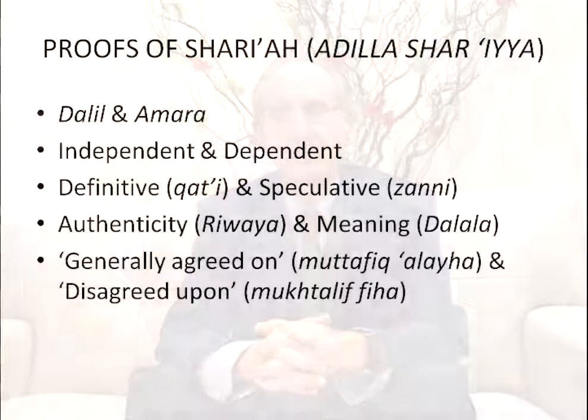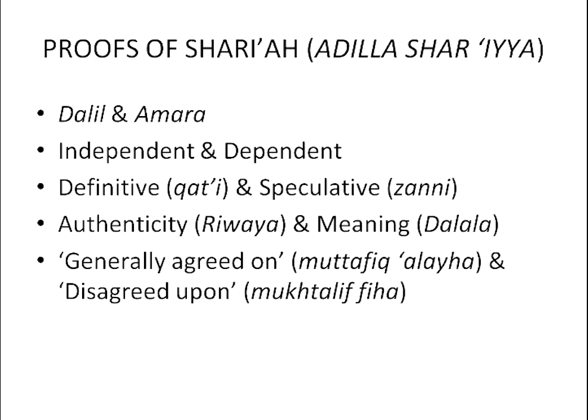And finally, we have the classification of adilla shar'iyya into two categories: those which are generally agreed upon, muttafiq alayha, and those which are disagreed upon, mukhtalaf fiha. The Quran and Sunnah are the primary sources of Sharia by common acknowledgement. No one has disputed this. And the vast majority of scholars and madhahib also recognize ijma, consensus, and analogy as accepted sources of Sharia.